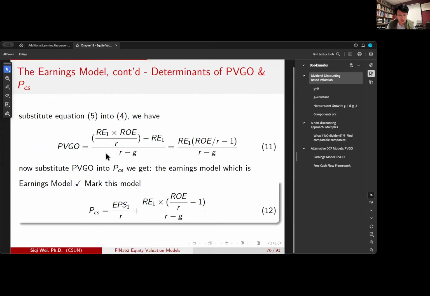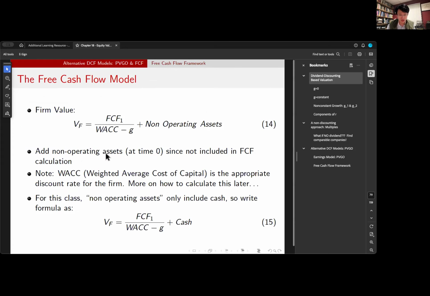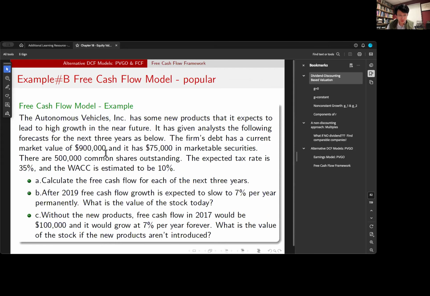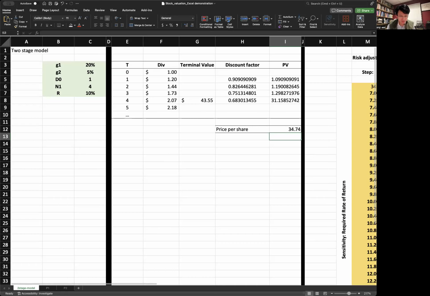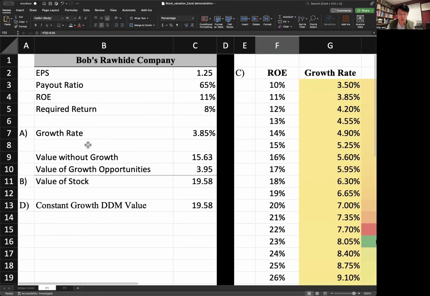So in my lecture notes, I have another example regarding the PVGO. I have the Excel demonstration posted on Canvas. You can take a look. It's nothing more than a number crunching practice. Let's take a look real quick. So you have those accounting numbers: EPS, payout ratio, ROE, growth rate.